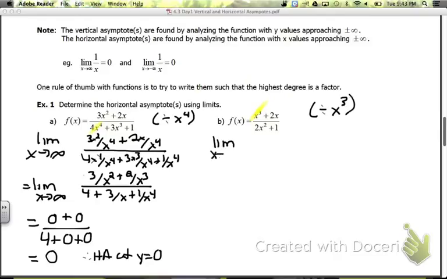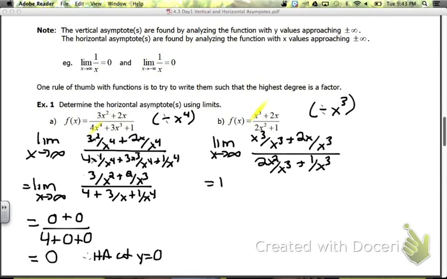So as you take the limit as x approaches infinity, you're going to divide each term by x cubed, as I have already said. When we simplify this, we get that the limit as x approaches infinity is equal to 1 plus 2 over x squared all over 2 over x plus 1 over x cubed.